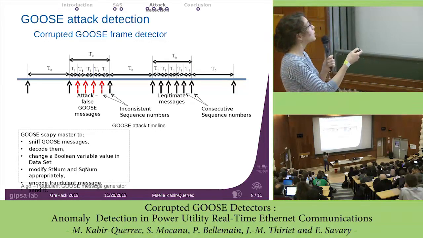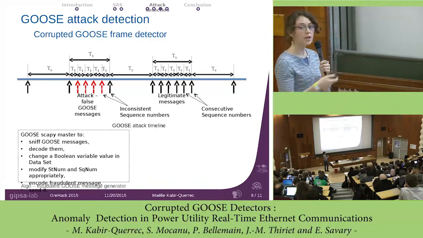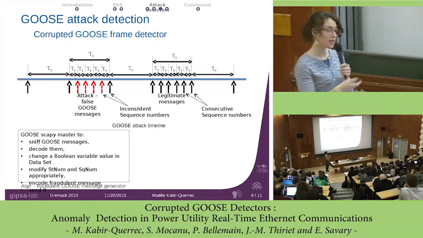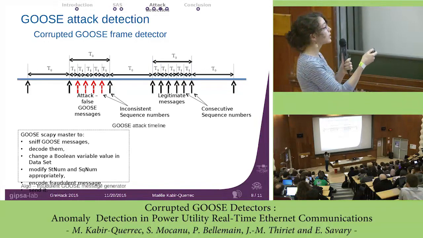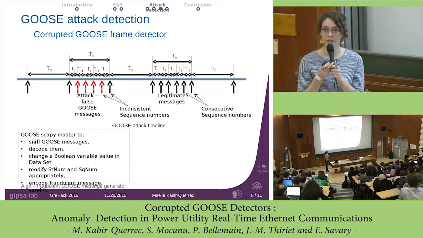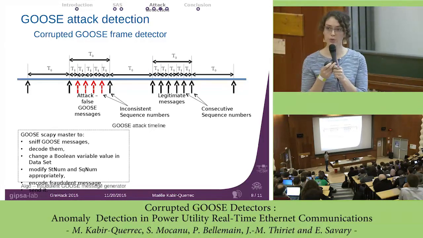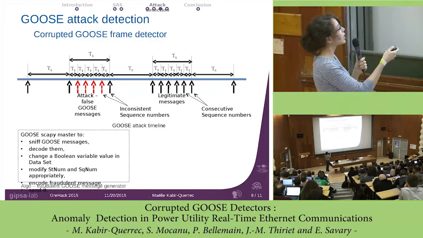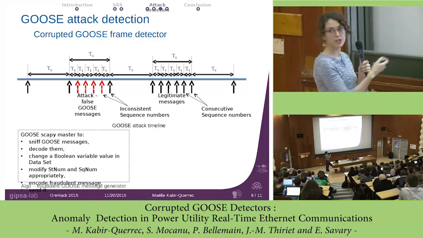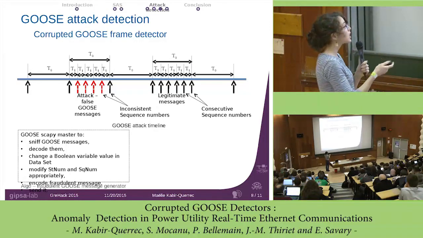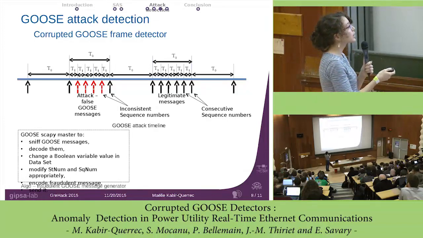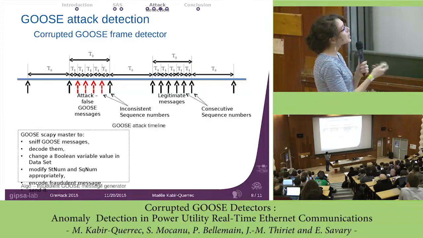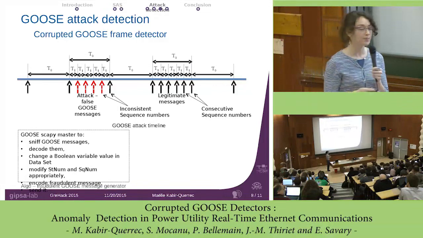He will increment the state number of the dataset and reset the sequence number to 0, then increment the sequence number. But when the next legitimate message arrives, it will be detected because there will be inconsistent sequence numbers.